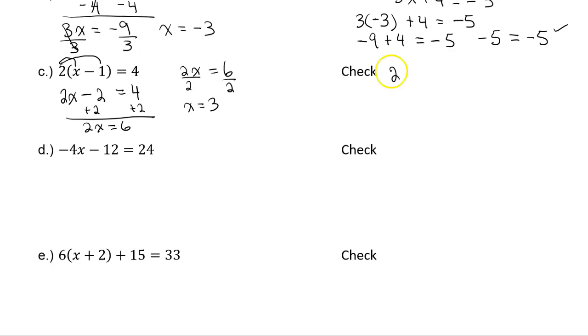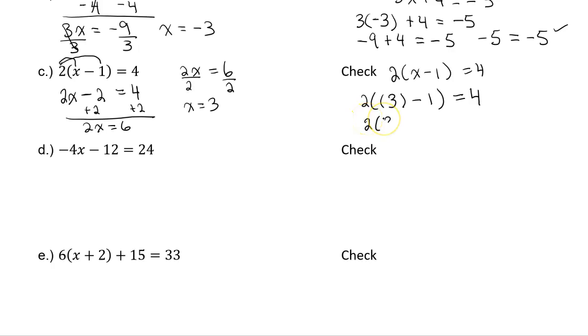All right, now it's time to check. So I have 2x minus 1 equals 4. 2, here's the double parenthesis, right? I'm taking the x out, putting parentheses in its place, and then writing everything else. So now I pop the 3 into the inner parentheses, so I get 2 times, well, 3 goes into there, right?